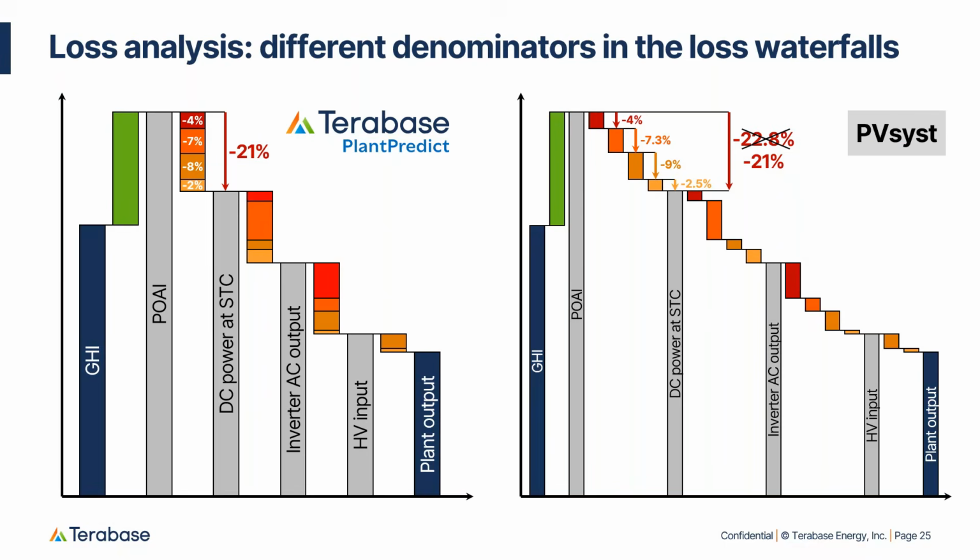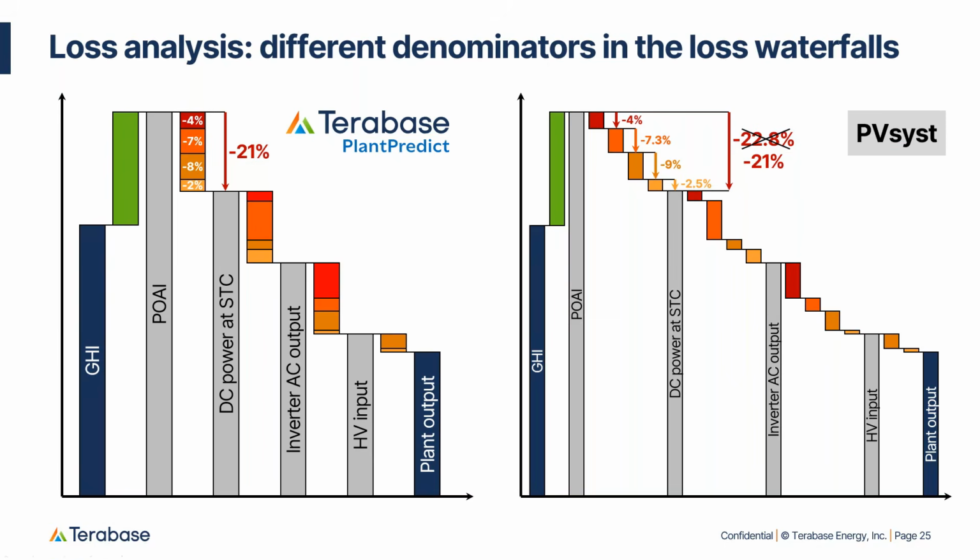PlantPredict groups losses, and within these groups all of the losses have the same denominator. So going from POAI to DC power at STC, every effect takes the loss divided by the POAI, and that way your losses are cumulative.